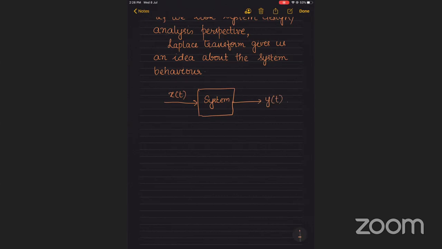Now the question is, how is this system manipulating the input x of t to give the output y of t?